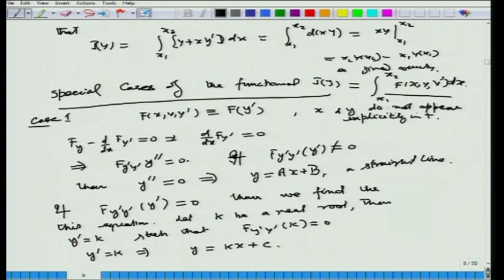So, this c is to be determined by the given conditions, and k is determined from this equation. So, again we get a straight line as an extremal.